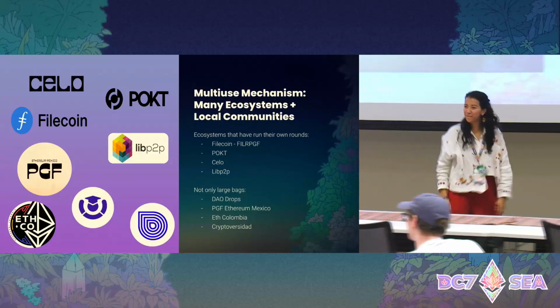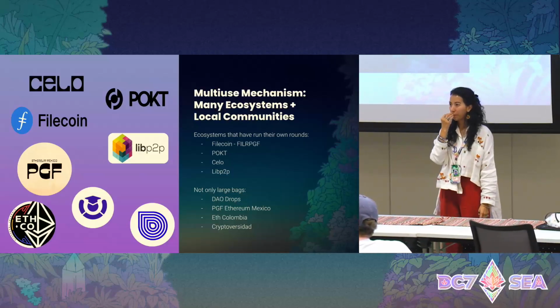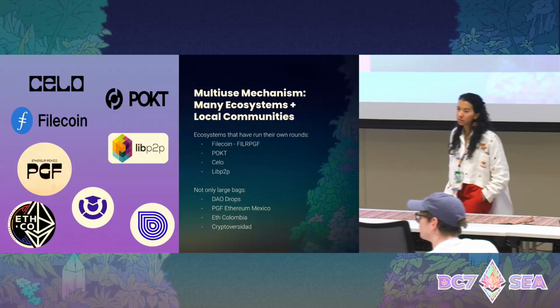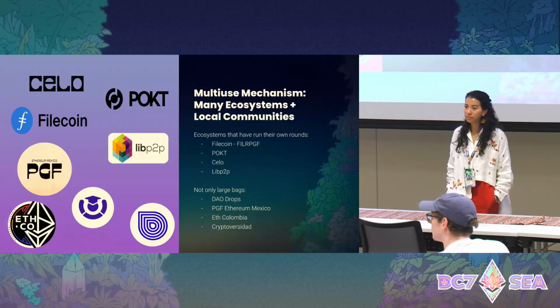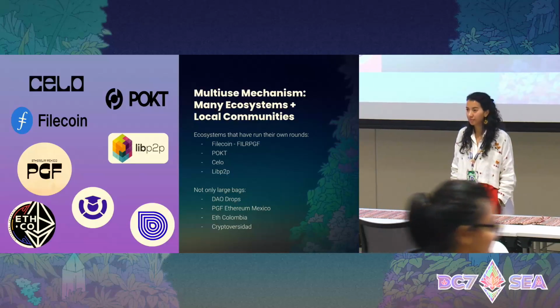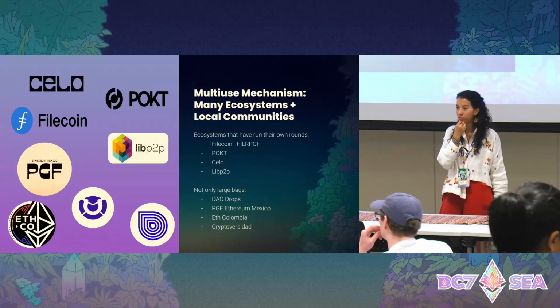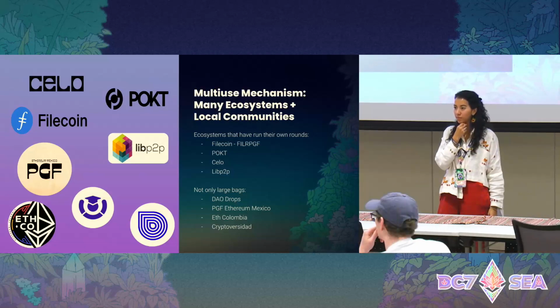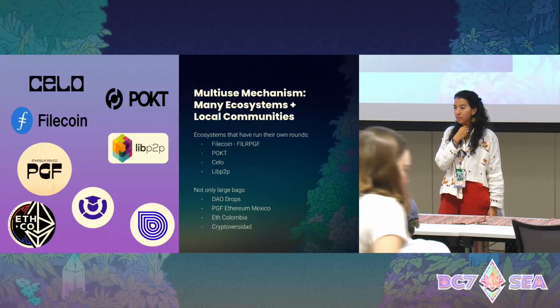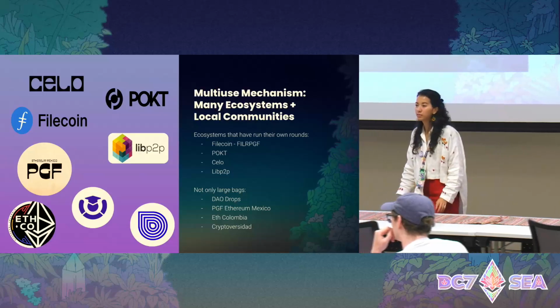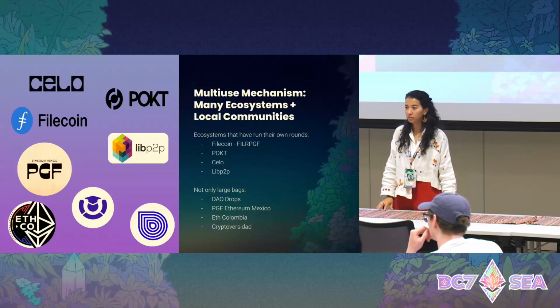I was thinking about how an ecosystem that runs PGF rounds, retro PGF rounds, can make the post-mortem analysis, and I was thinking this is a whole design space on how you can do that, how you can measure how much you incentivize the project from the previous round compared to the next round after 1 year. So yeah, my question is how, for example, the analysis of previous Optimism rounds happened.